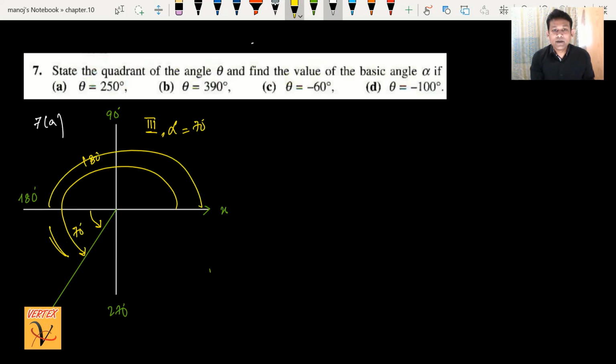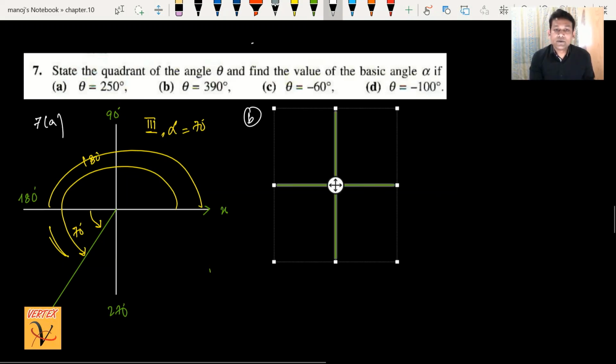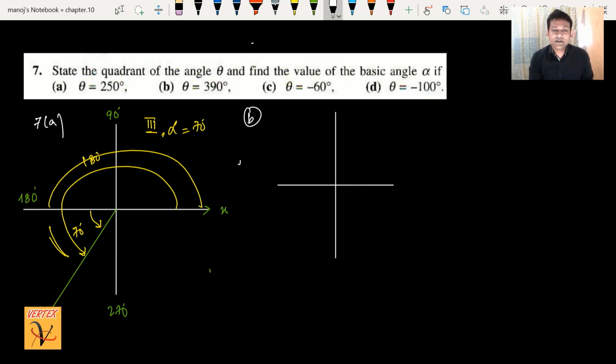Okay, moving to part B. Again we need axes. I would like to do it a little fast because all the questions are similar here, but this one is 390 degrees. We have 90 degrees, 180, 270, 360, and so on. From the positive x-axis, from 0 degrees, I have done one rotation of 360 degrees.